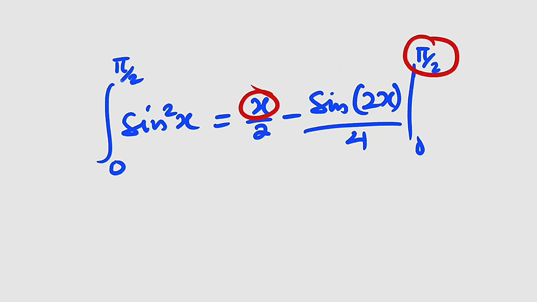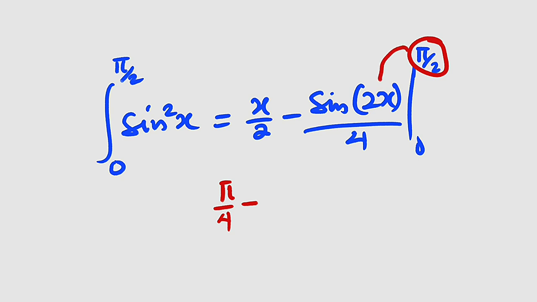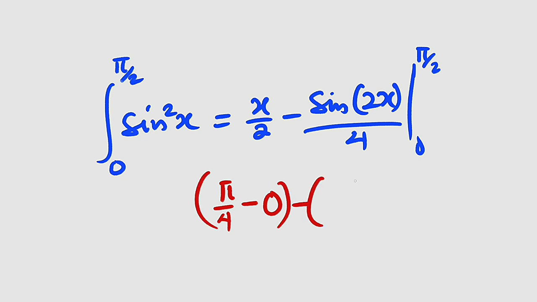This will replace x. So we have pi over 2 divided by 2. That will give us pi over 4, minus, if you take this and plug it in here, pi over 2 times 2 will give us pi, and sine of pi is 0, and 0 divided by 4 is still 0, so we have 0 here. Then minus the lower limit.